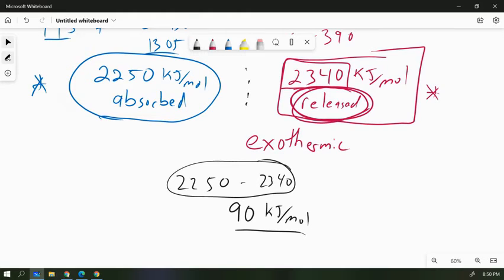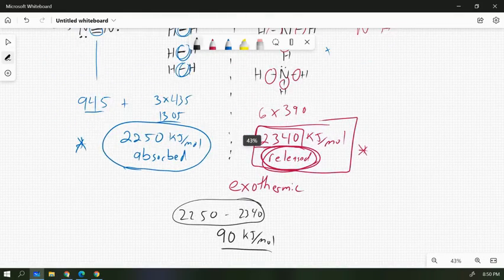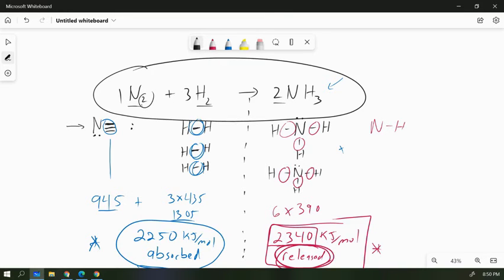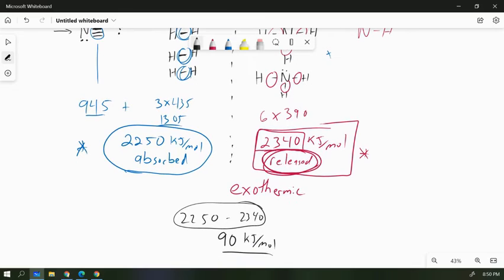So what that tells us, if I asked you whether this is an endothermic or exothermic reaction, you could just tell me this reaction is an exothermic reaction because more energy is released than is absorbed.